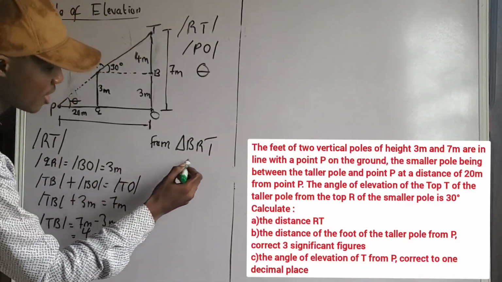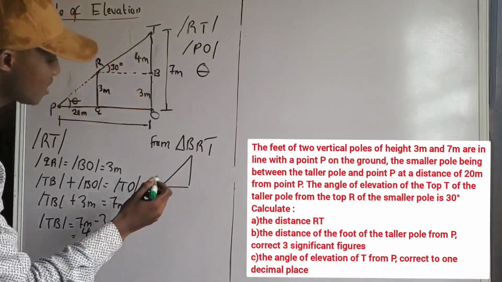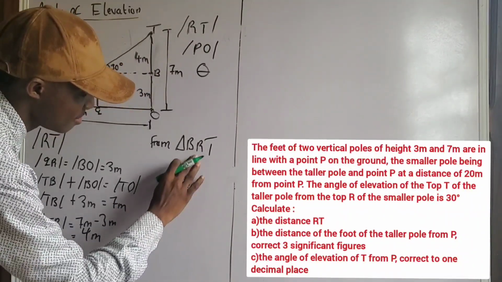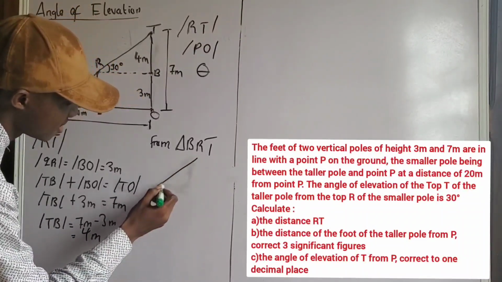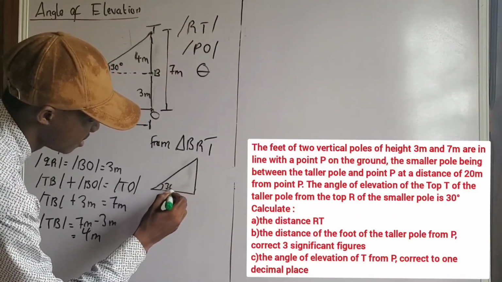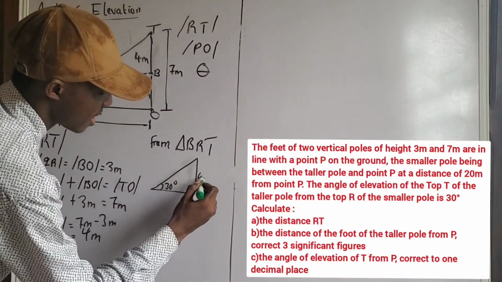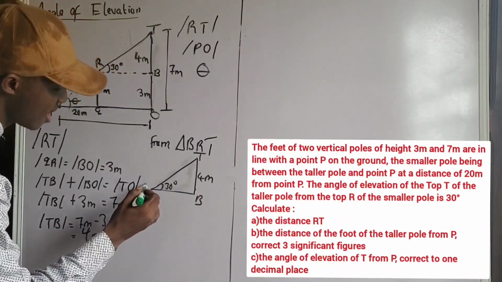Let us look at the triangle. This is 30 degree. Let me draw it big so that you can see it. This is 30 degree, and this is 4 meter. This is T, this is B, and this is R.